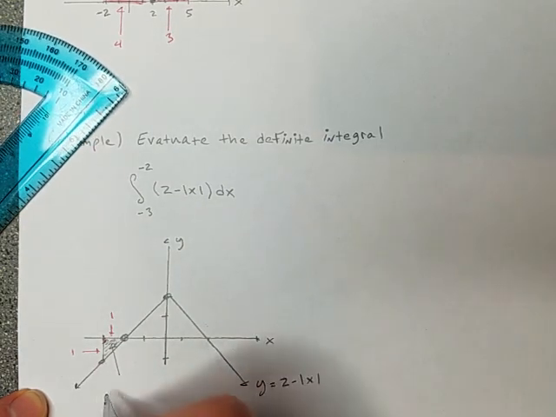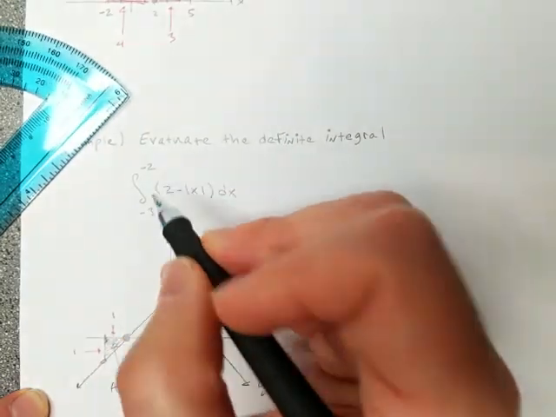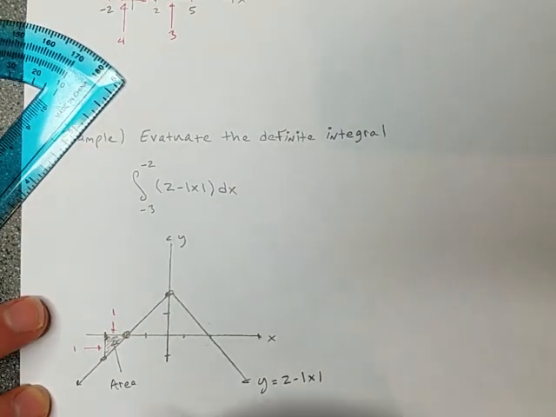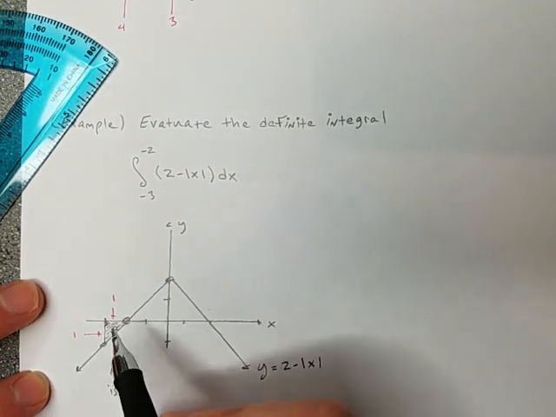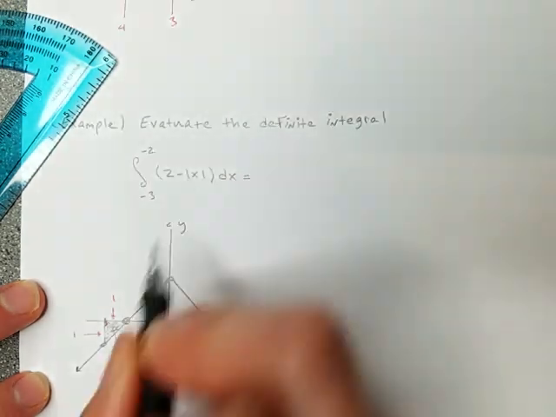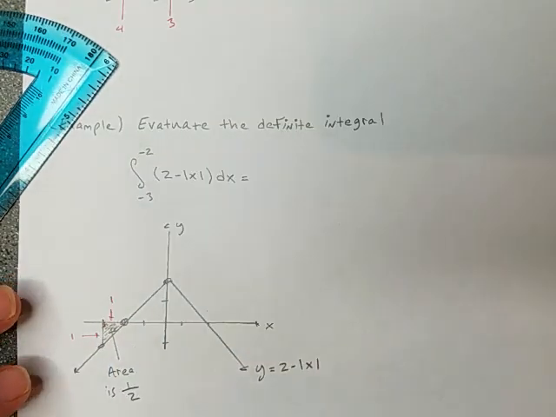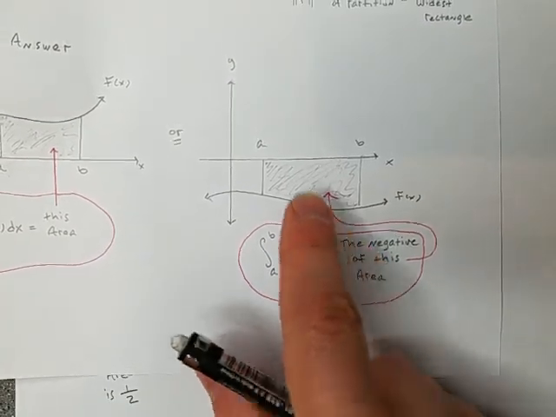So the area of that piece right there that's covered by those limits of integration is 1/2, right? Because it's 1/2 base times height. That's a 1 by 1 triangle, and the area of such a triangle is 1/2 of a square unit. Now, in this case, we said the meaning of the definite integral is the opposite of the area.